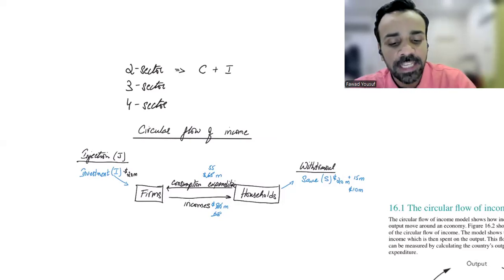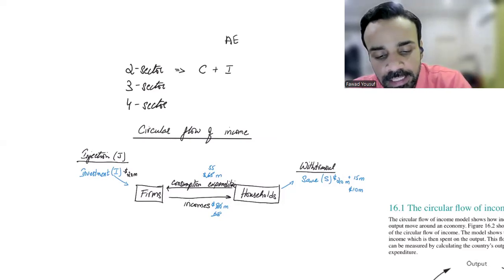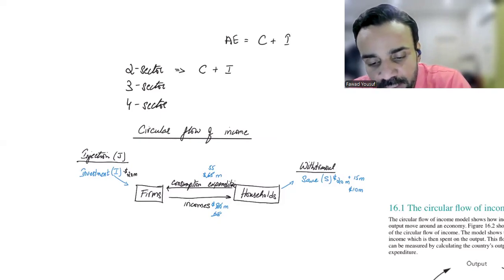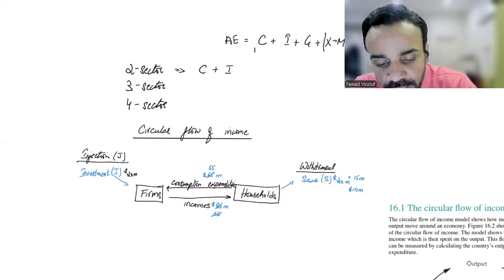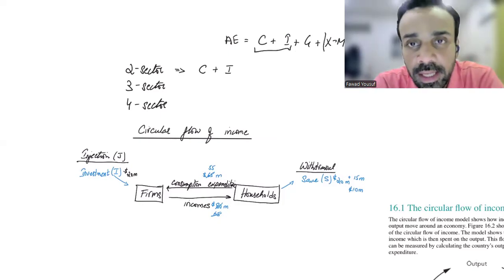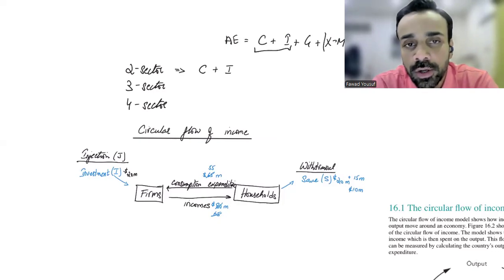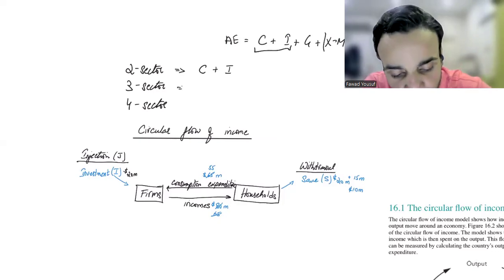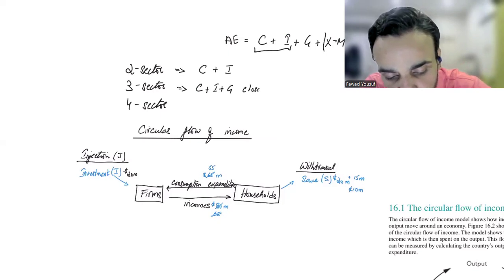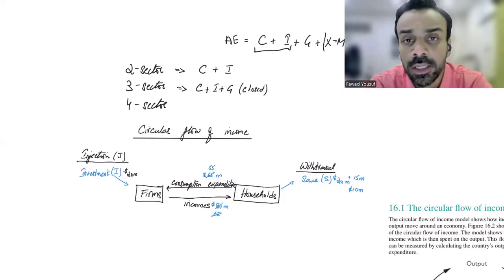तो वो जो अभी हमने एक्सपेंडिचर मॉडल पढ़ा था ना एई का, which was C plus I plus G plus X minus M. So basically, when we have only C and I, it's a two sector economy. When you introduce a government, it becomes a three sector closed economy. So I've introduced another term over here, closed.